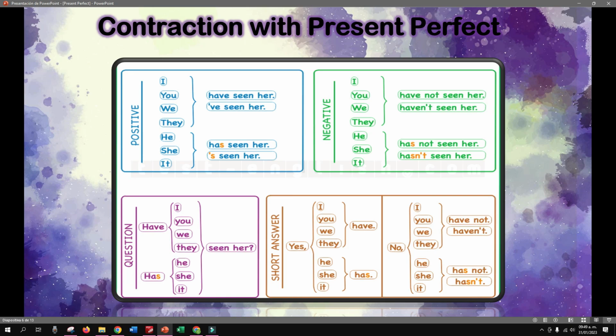Or if you want to make it short, no, I haven't, right? Or, for example, has he seen her? No, he has not. Or, no, he hasn't. That would be the short form there, right? So, if you want to write or say present perfect sentences or some answers in the short form, you can use those contractions, right?